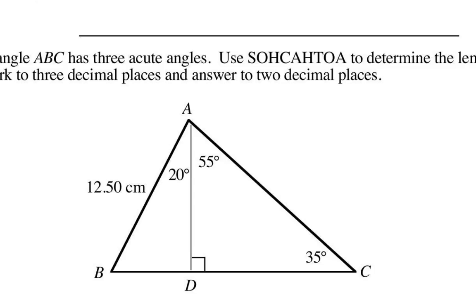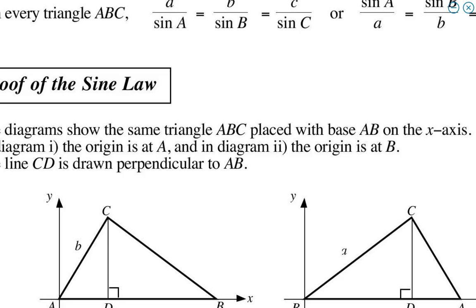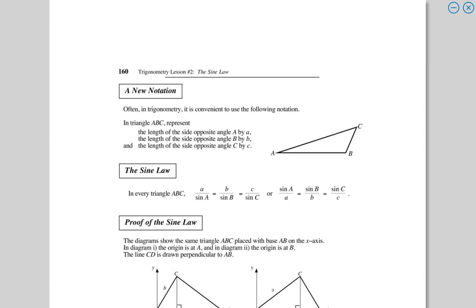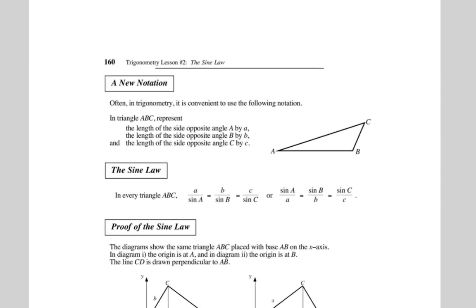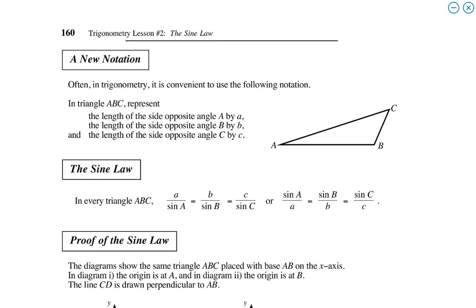So what they're saying is you could problem solve your way out of it by dropping this perpendicular, drop a 90 degree, and then you could do two triangles separately. You don't have to do that. We're going to use the sine law. Okay?